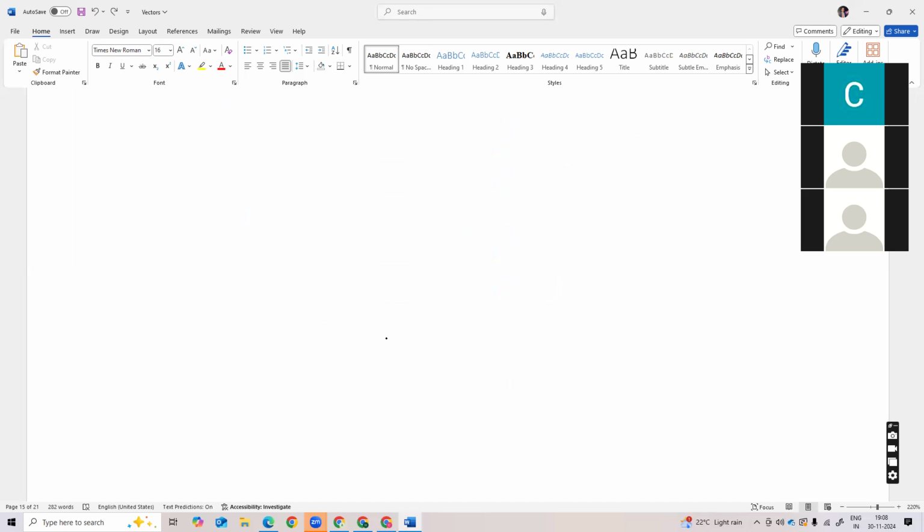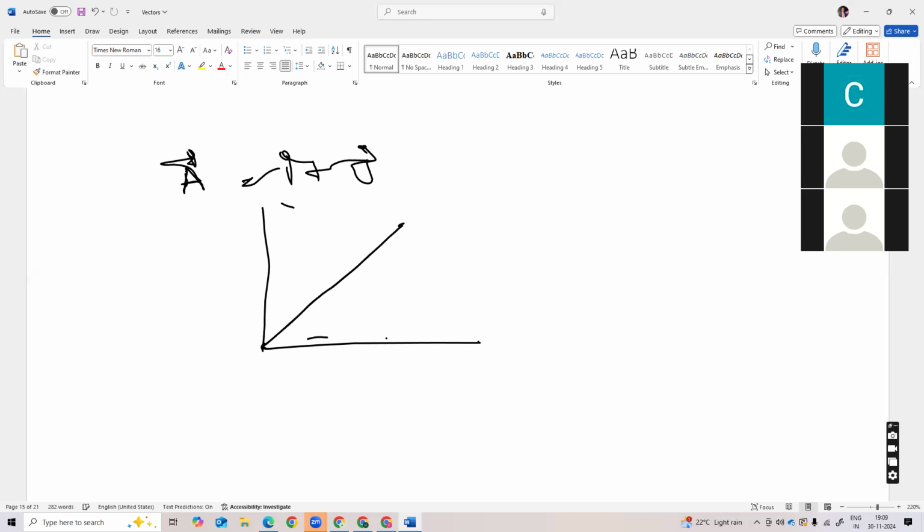Okay, so let's say you have vector A, which is i plus j. You can simply draw it like this: this is 1, this is 1, both magnitudes are 1.